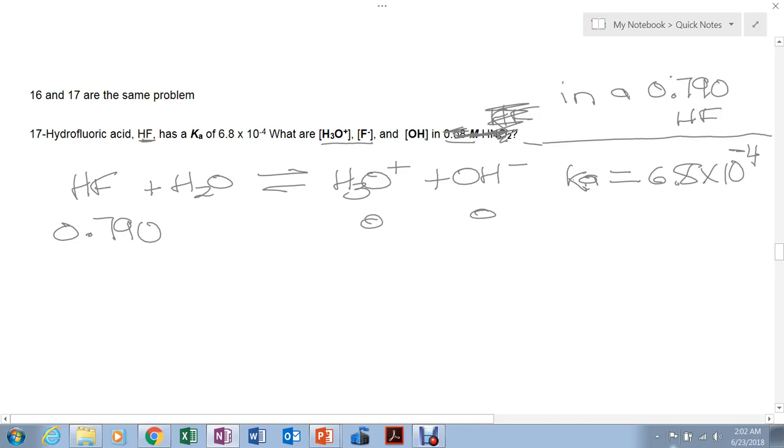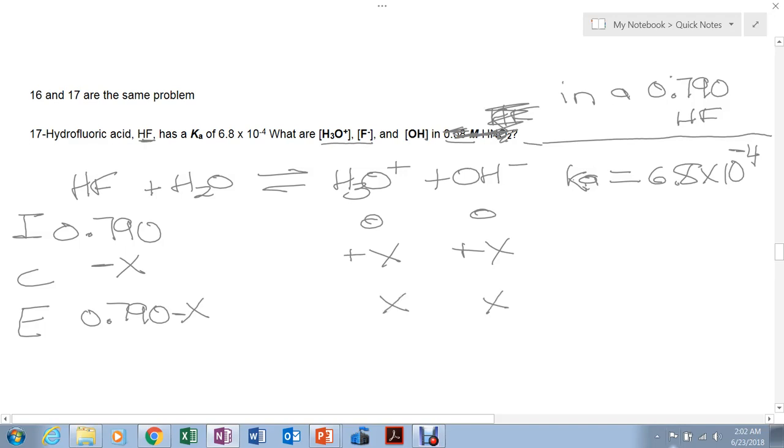So we have to do the ICE table. The change would be minus x, plus x, plus x. And equilibrium would be 0.79 minus x, x, and x.